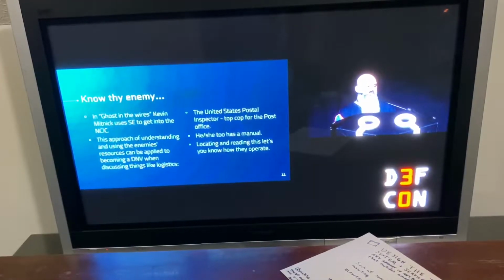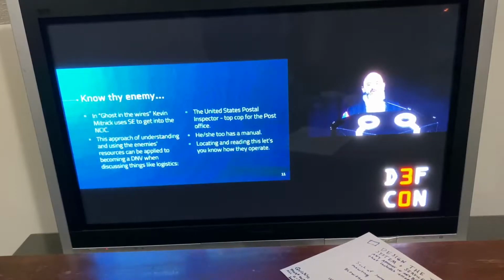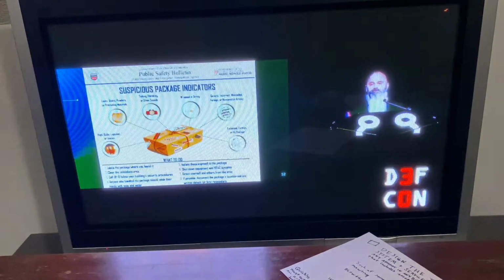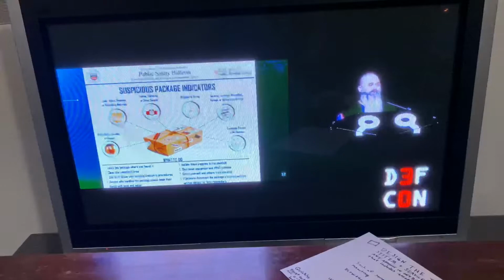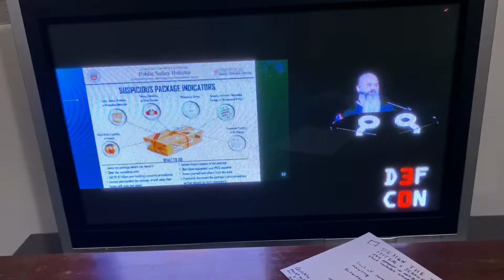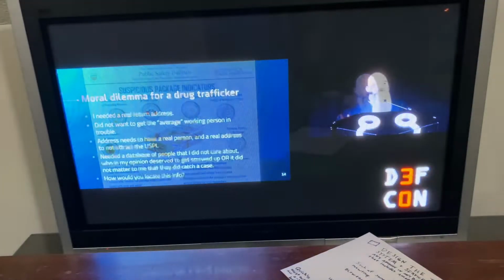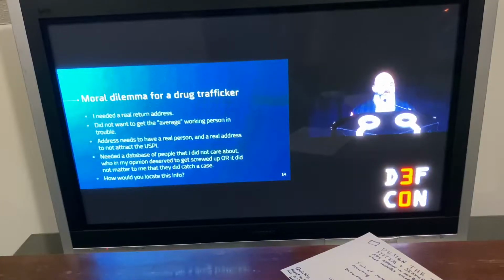To see what he classified as a suspicious package. I needed to know that if I was going to be shipping narcotics through the United States mail. So this information's out there. This is an example of some of the things that you would look at when evaluating things like this.